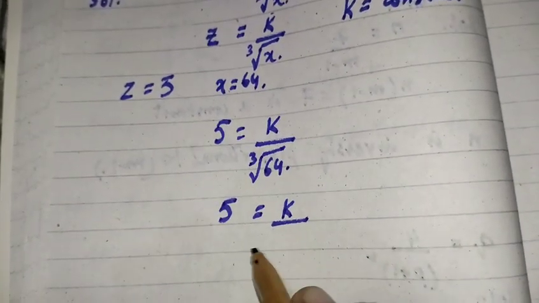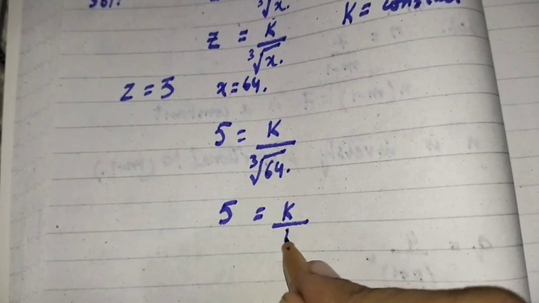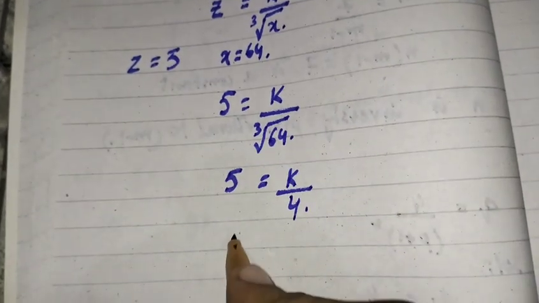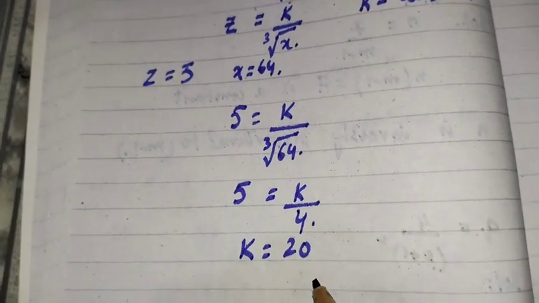The cube root of 64 is 4, so it is k upon 4. So the value of k will be 5 fours are 20. The value of k will be 20.